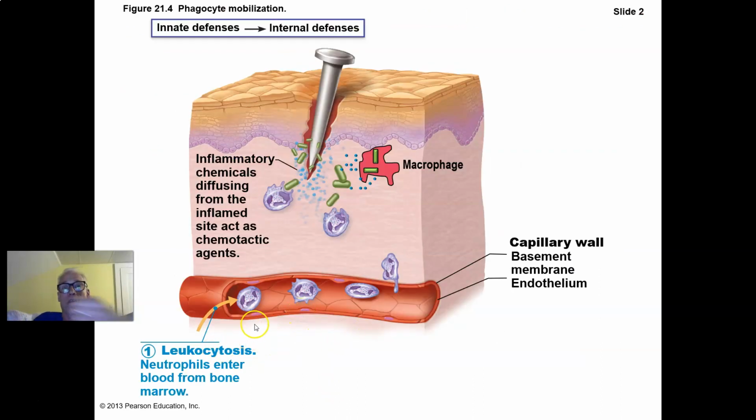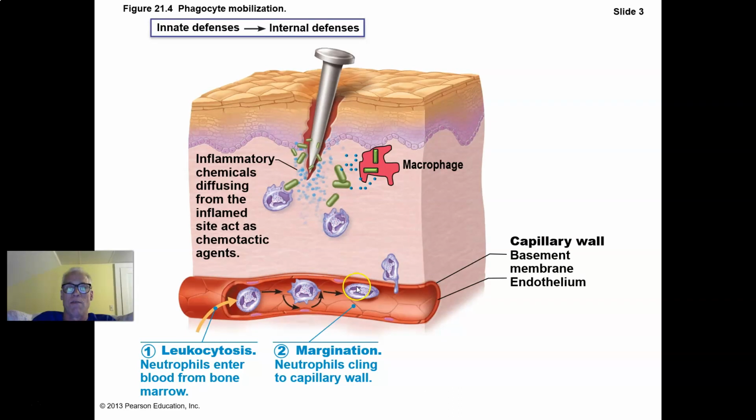So here's a nice little cartoon. We have damage to the epidermis. We have bacteria coming in, because the bacteria are all over the surface up here. Should have put a whole bunch of these little green guys up on the surface. They come down in here. Macrophages start phagocytizing them. Probably some dendritic cells up here are phagocytizing them, releasing cytokines. Cytokines are diffusing down to this blood vessel and causing the neutrophils to stick, to marginate on the surface.